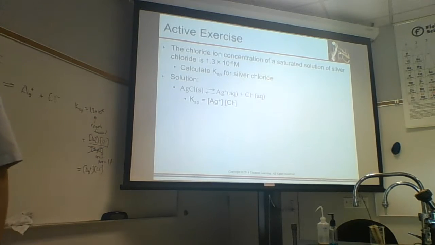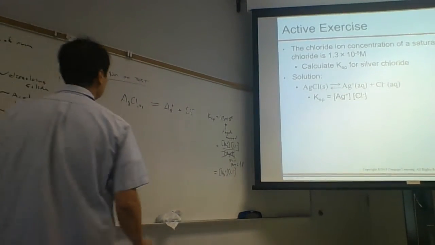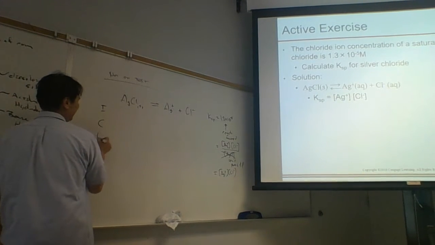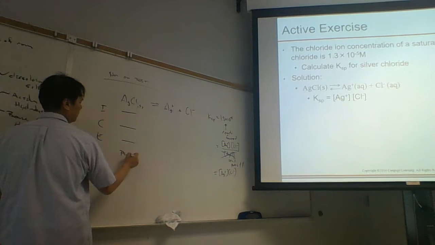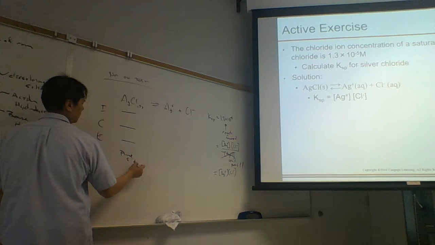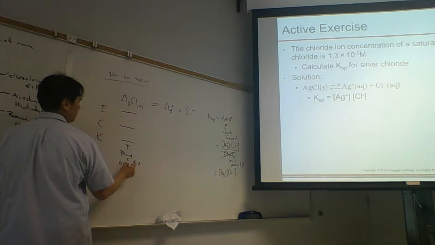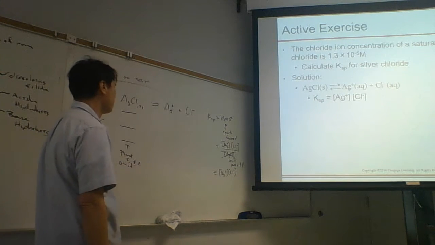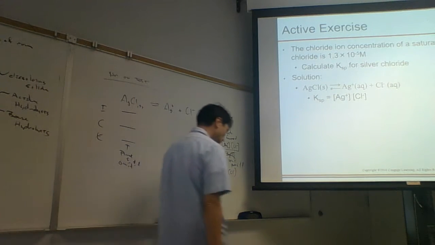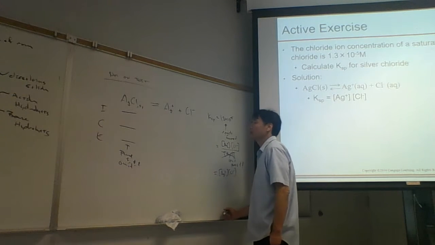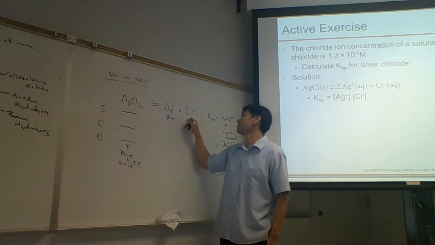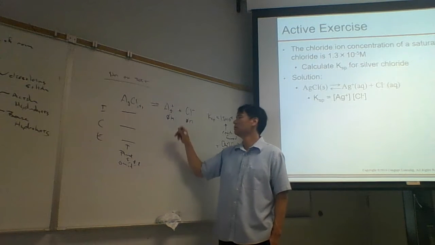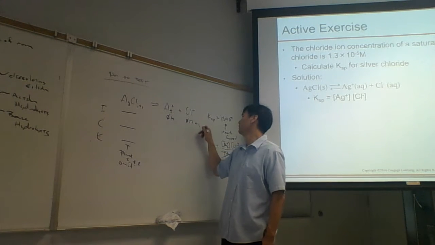So how do we do this? Well, we set up what's called an ice table. This is our ice table here. Now, in the ice table, pure solids are omitted. And so we can see how much reaction is going to take place. If we have silver chloride, we assume that none of it has dissolved initially.